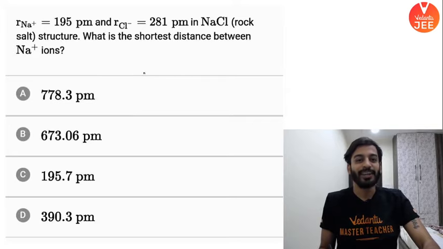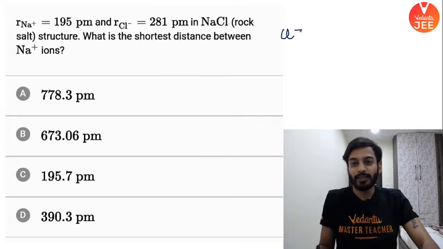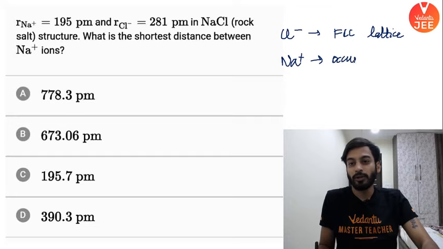Let's talk about this. Beta, NaCl has been given to us. NaCl means it is a rock salt structure. Your Cl minus will form the lattice. It forms the FCC lattice. And your Na plus will occupy octahedral voids. Correct?